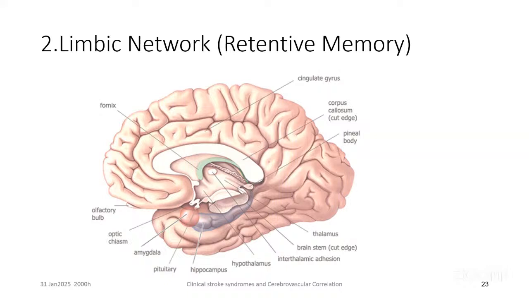Anything you want to consolidate, recent memory is very important. After 6 months or so of consolidation, the recent memory buffer gets into the remote memory buffer. Then you don't require this to recollect. Otherwise, recent memory, if you want to recollect what happened a few days back, last month, or time locked, you require the limbic network. And it gets disturbed in strokes because it's also richly supplied by the blood vessels of posterior circulation.